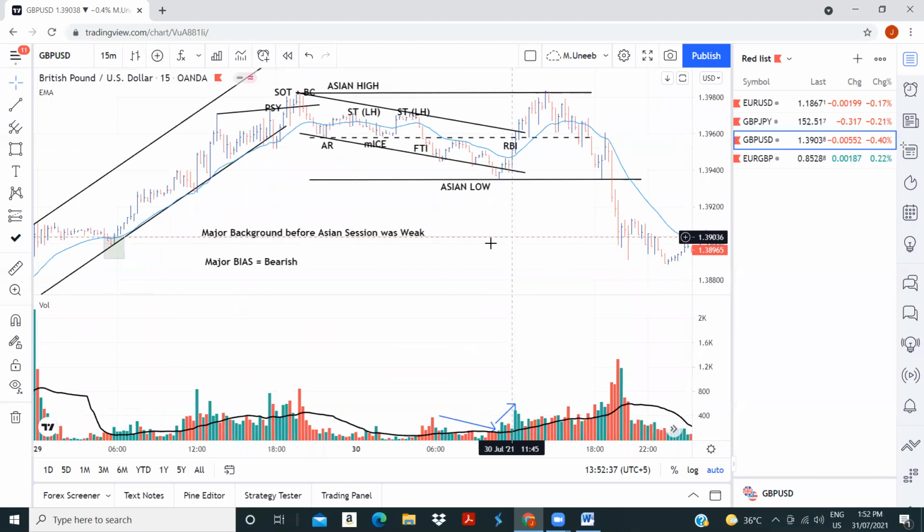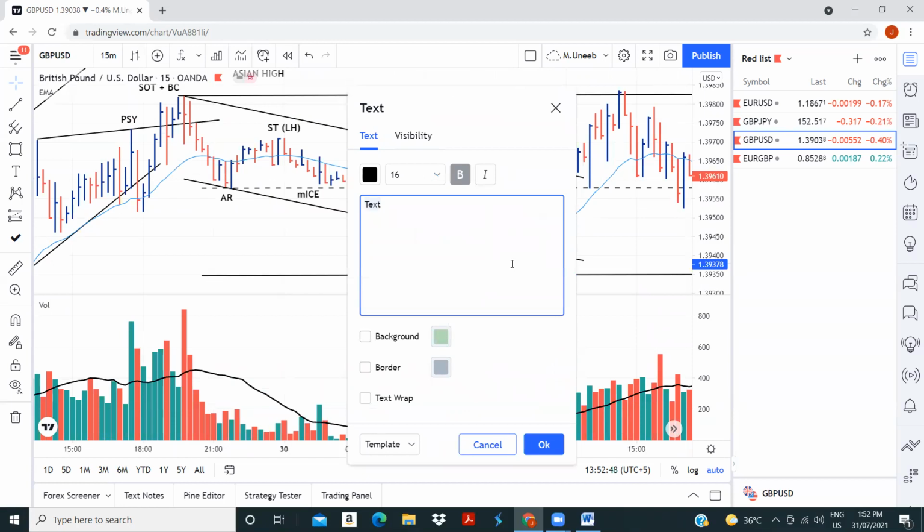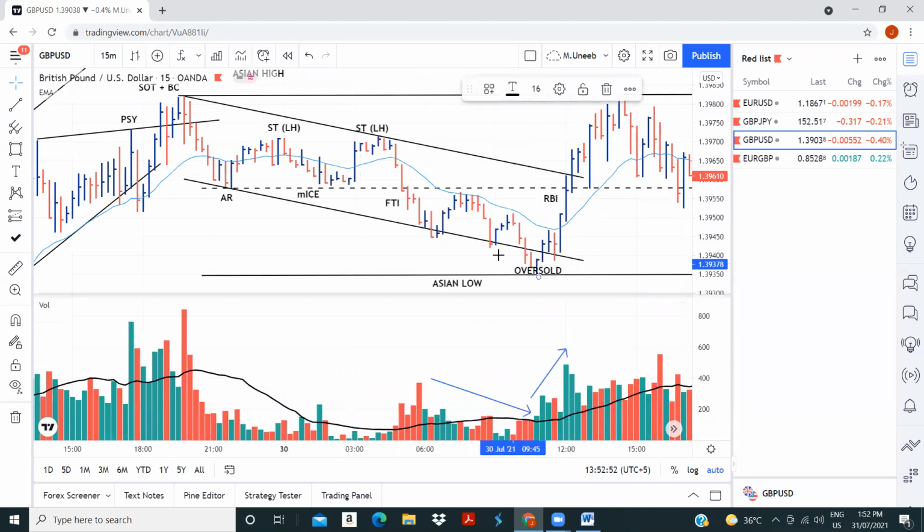But our immediate, our short-term time frame background, like our intermediate background, was what? What do we notice here before London Open? Oversold. Okay, oversold. Do you agree?